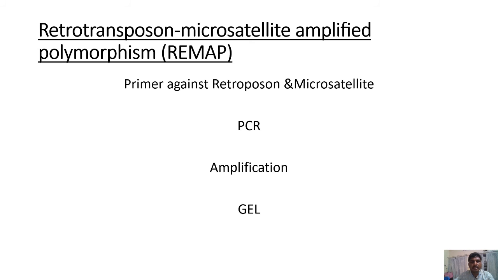Next, REMAP. Here in the case of REMAP, we are amplifying a DNA segment in between a retrotransposon and a microsatellite. That means if your retrotransposon is inserted adjacent to a microsatellite region, then only those regions will get amplified.